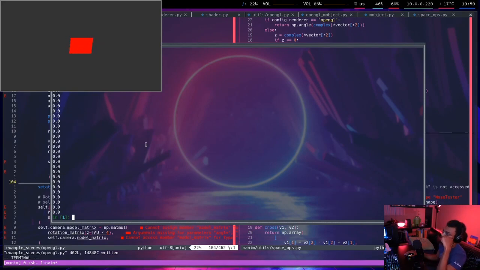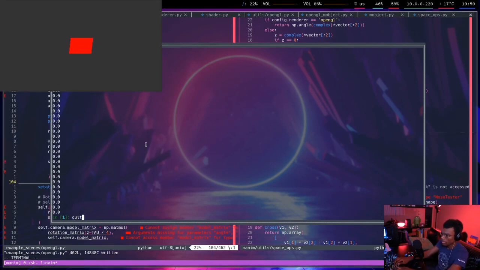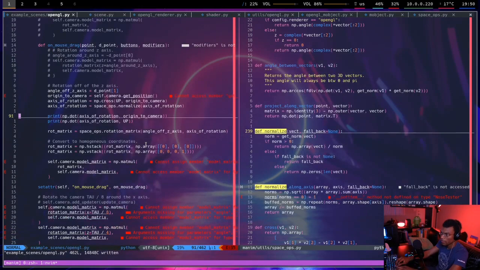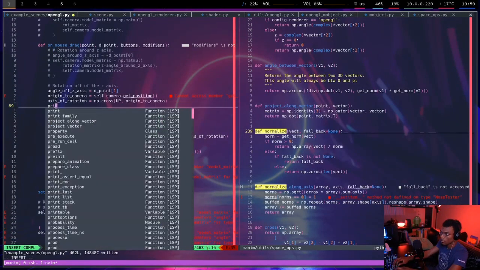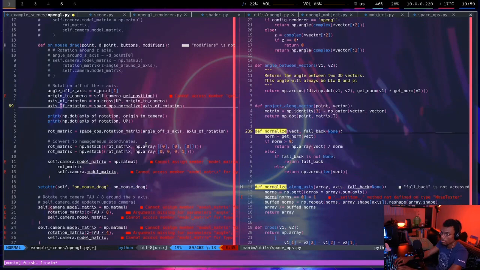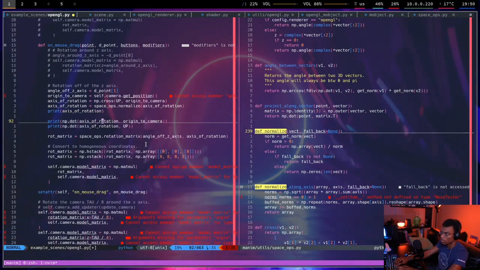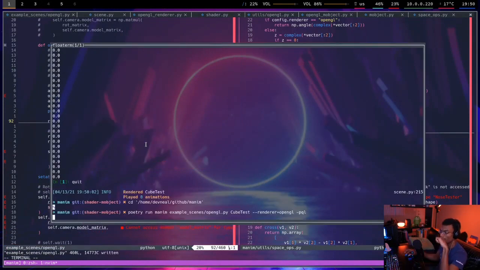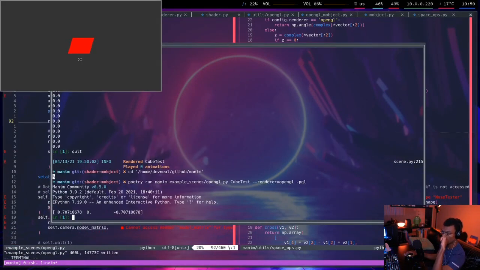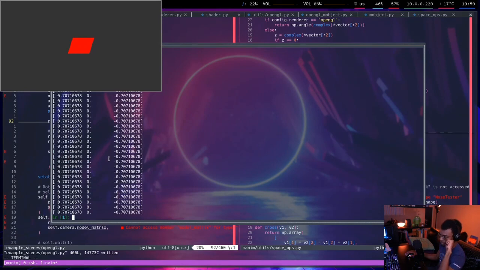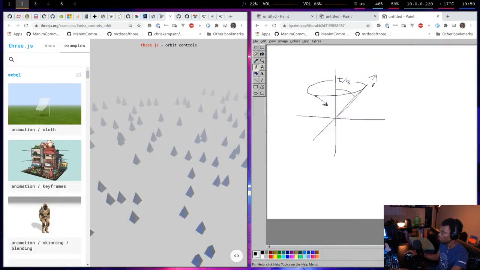And how is that possible? I want to actually print the cross product, the normalized one. It's in the XZ plane.